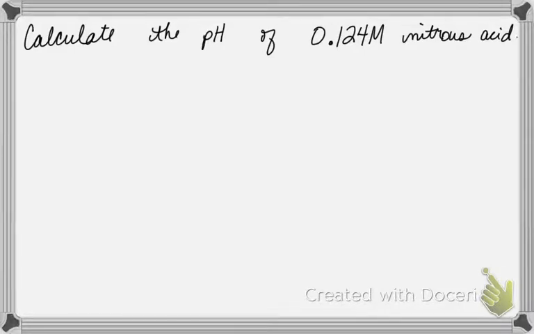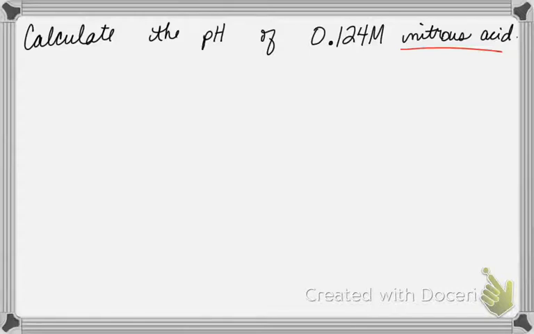First of all, you guys are going to have to know nitrous is not a strong acid. If it said nitric acid, that would be a strong acid. That means the hydrogen ion concentration is 0.124. But it's nitrous acid. So again, I'm going to show you how to work this with an ICE table.